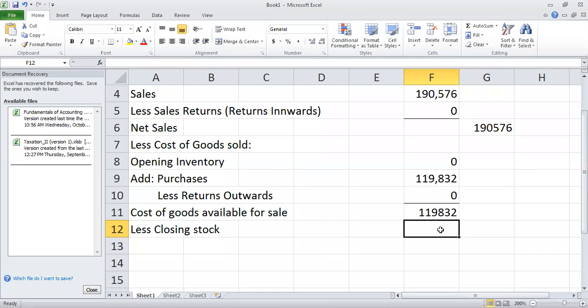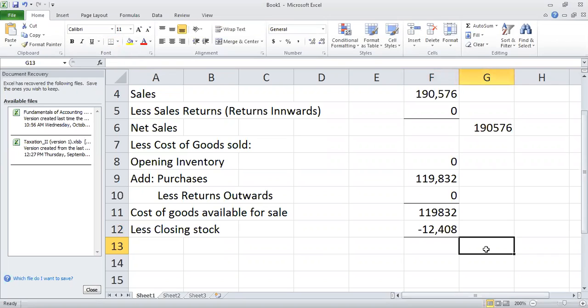So therefore, you're going to subtract 12,408 from 119,832. You draw a single line right here as well.